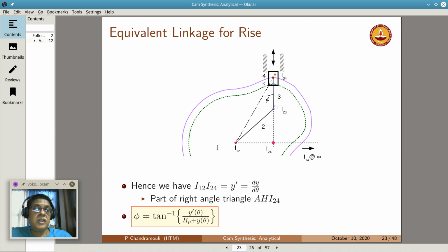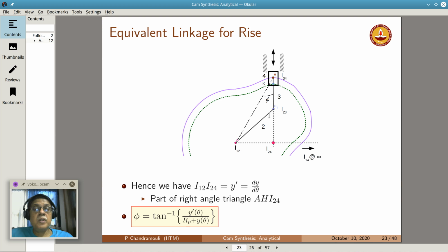So obviously this helps us in locating I24. I24 keeps sliding back and forth like this. When y prime theta is maximum, of course it can go on this side, which means it is negative. On this side it is positive. So if I now look at this triangle A, I24, and go back to H, this angle is phi.